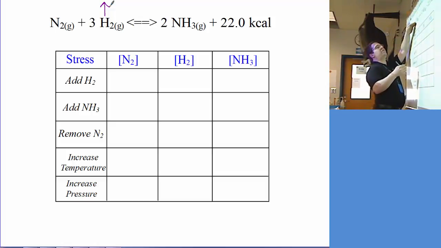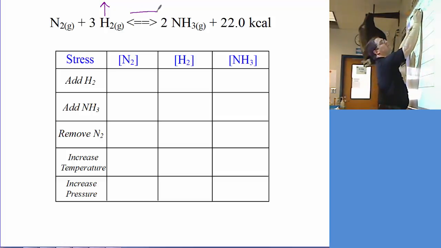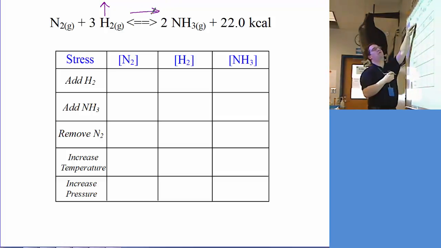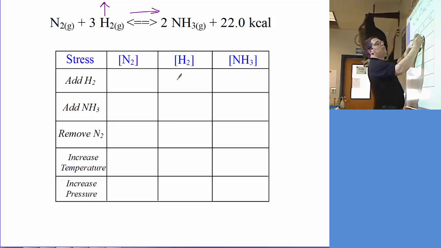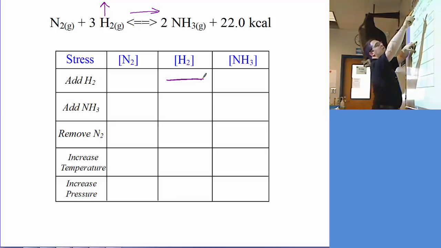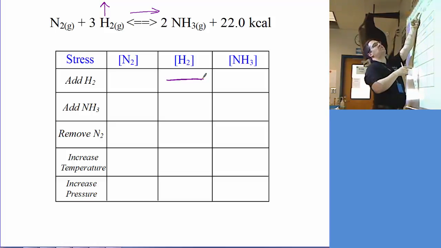So in this case, the equilibrium is going to shift to the right. Right? So in that first column where it says equilibrium shift, you're going to write right. Okay, and the hydrogen is what we are stressing, so we're not going to put anything in that block. But if we're moving to the right, that means the forward reaction is the one being favored.